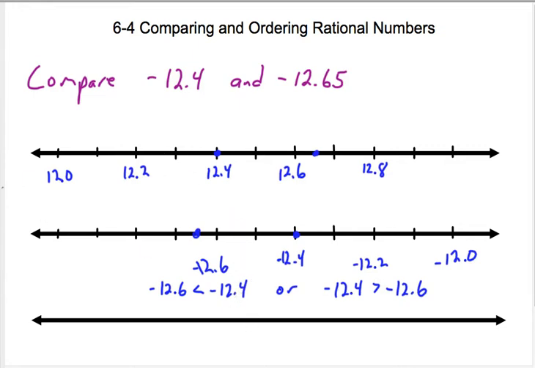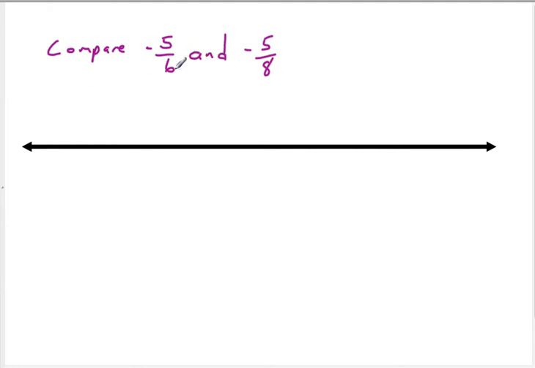Let's try another one. So let's say we have these two fractions. We want to compare negative 5/6 and negative 5/8. Again, what you can do is split up this number line into sixths and eighths. So what I'm going to do is we'll put 0 here and 1 here.